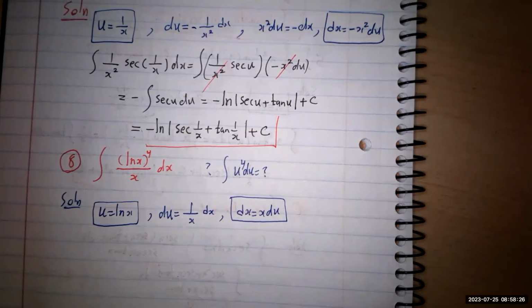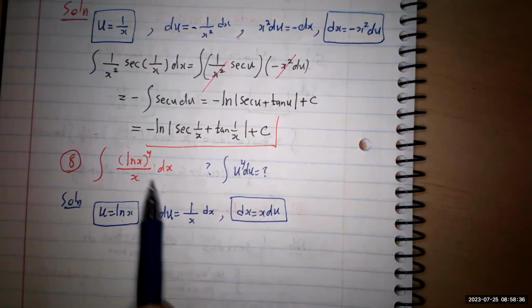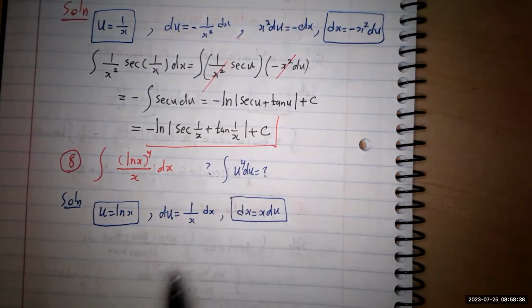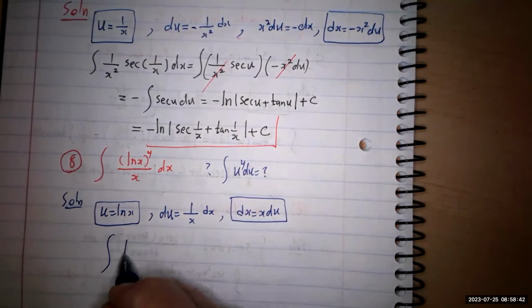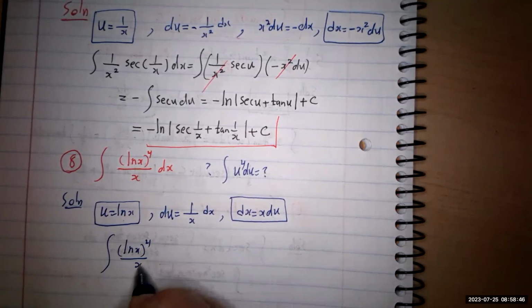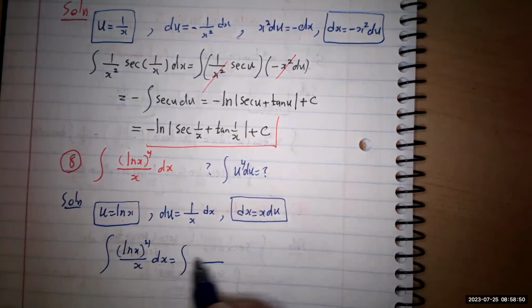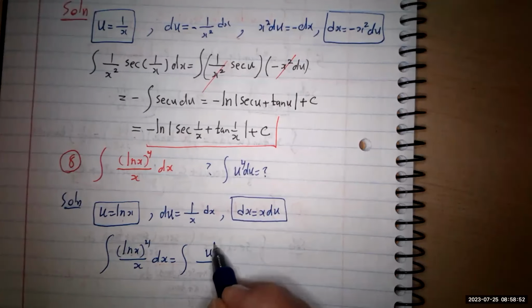So as usual, you take the inside to be u, which is ln x. Okay. And then you find the du, 1 over x dx, you cross multiply. Go back, substitute, you must get u to the 4th. So let's see if we can get it. So this is the original one, (ln x)^4 over x dx is equal to u to the 4th.